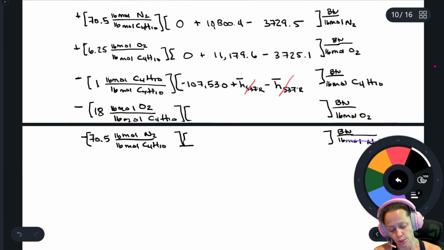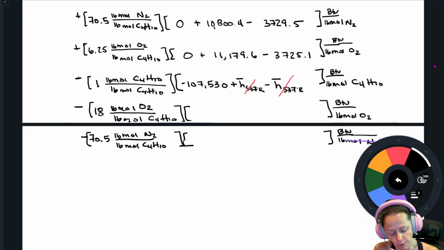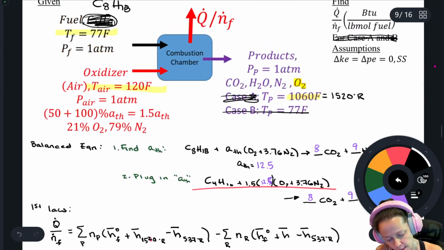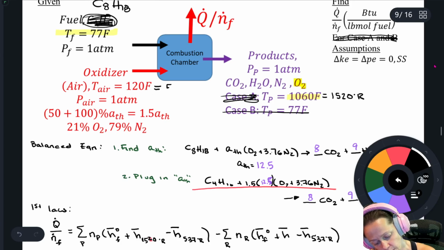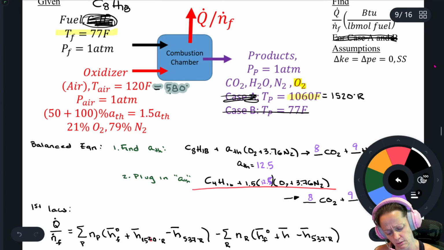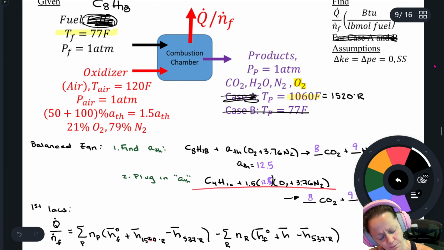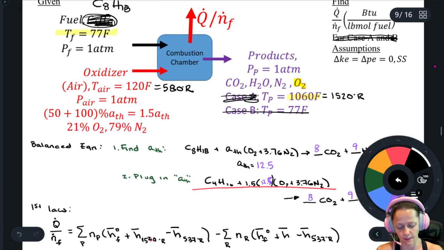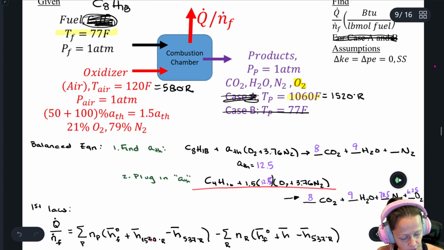All right, so our oxygen and our nitrogen, our air, remember our air is coming in at 120 degrees Fahrenheit, so 580 degrees Rankine. So I do need to get those values.